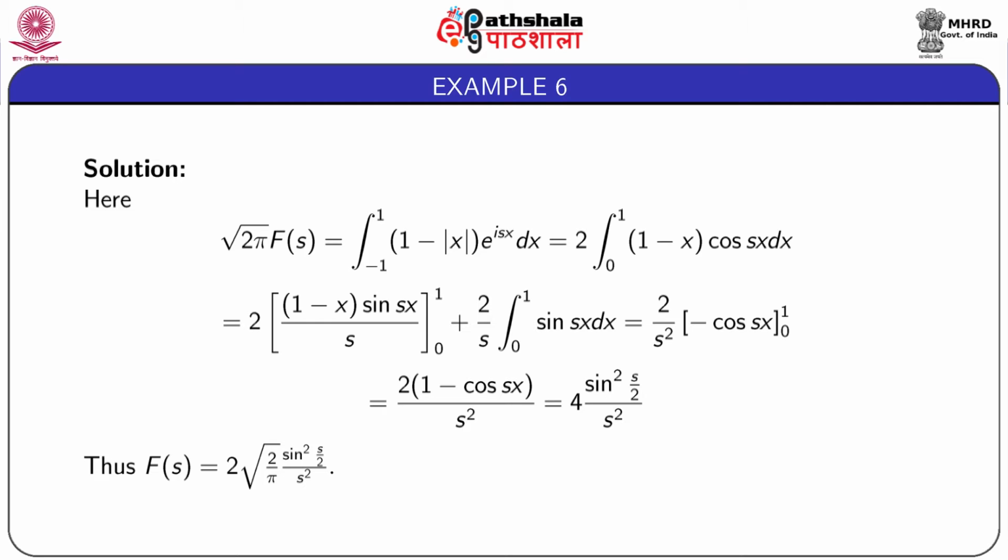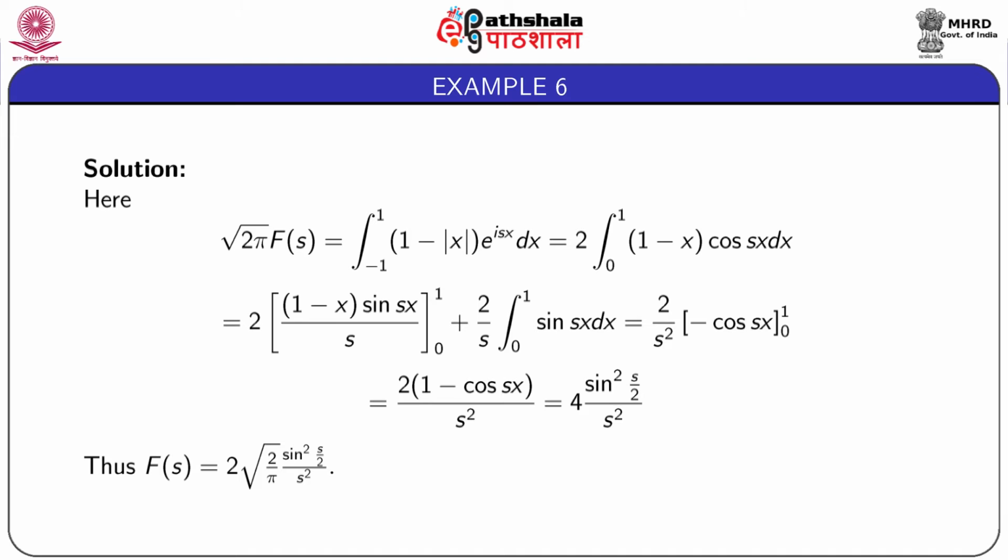Now, from minus 1 to 0, this function is (1 plus x) e to the power i s x, and from 0 to 1, this integrand is (1 minus x) e to the power i s x dx.